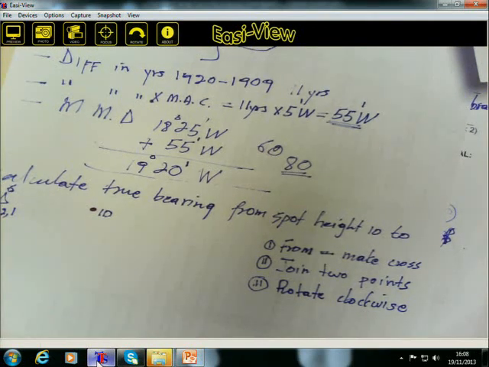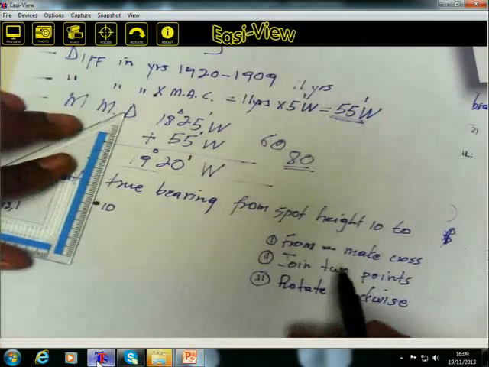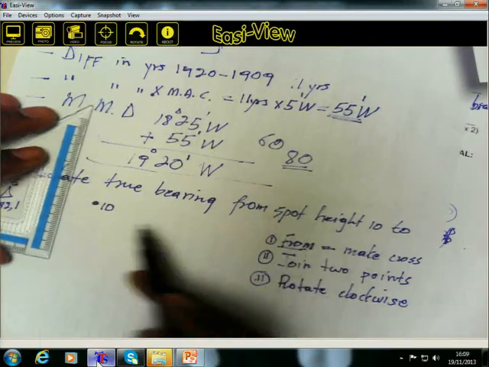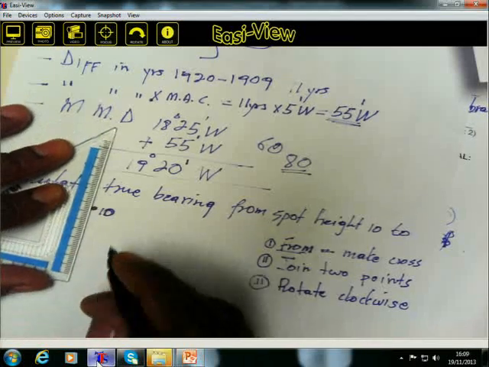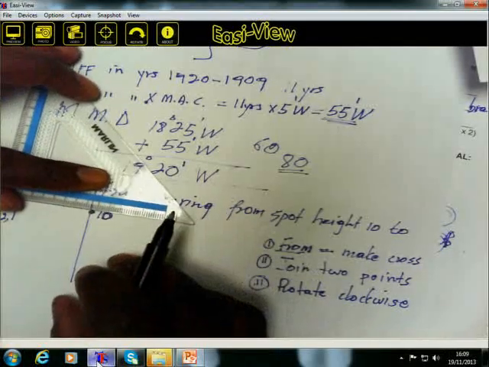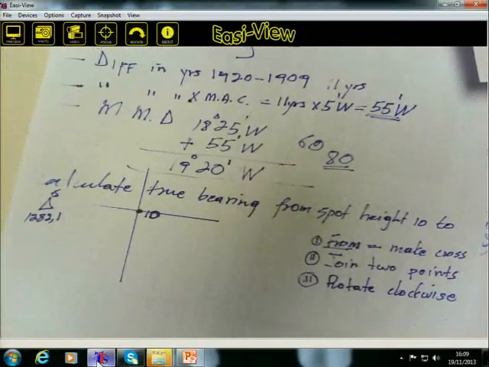Let's apply the rules. Rule number 1, make a cross where the question says from. So it says from spot height 10. So here's my spot height 10. Then I'm making a cross. Okay, I've made a cross.